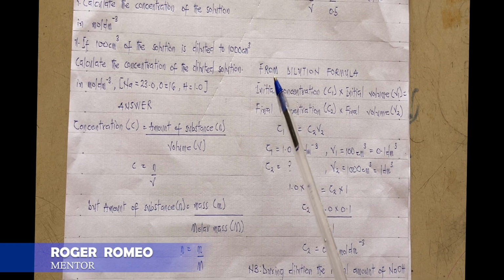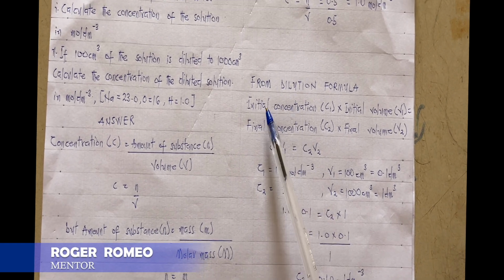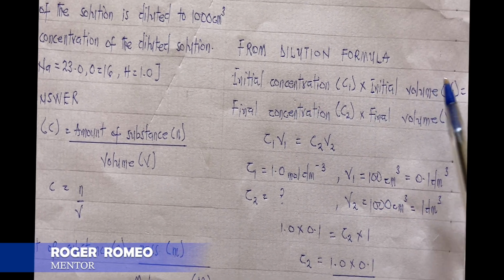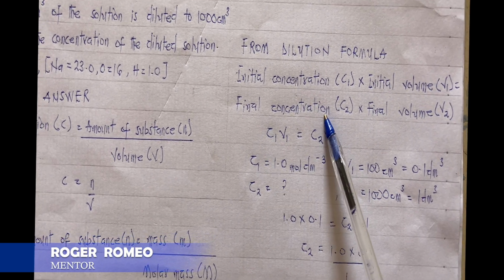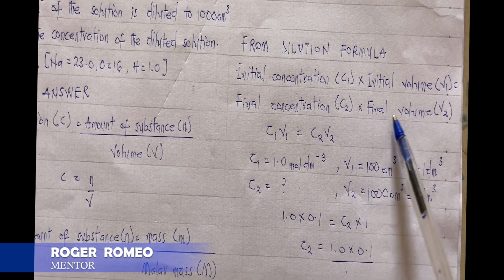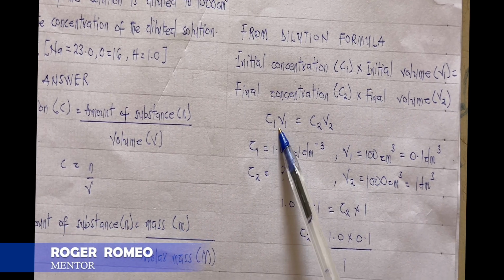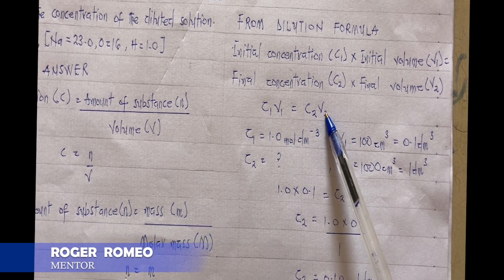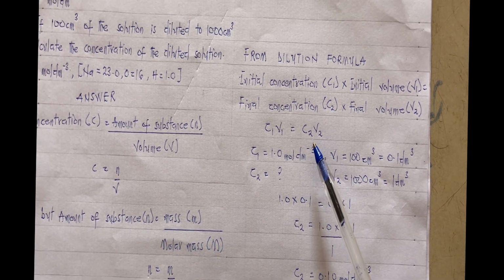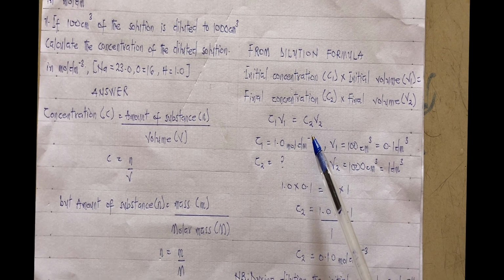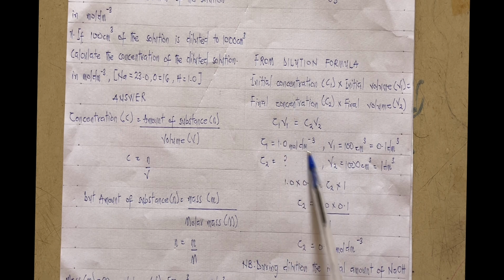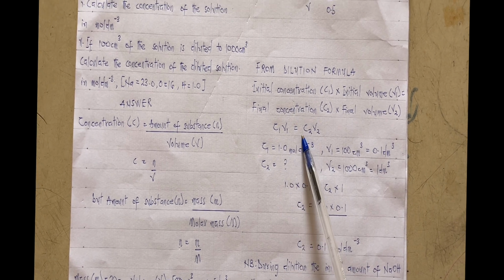We say that in dilution, the initial concentration times initial volume should be equal to final concentration times final volume. So we say C1 V1 equal to C2 V2. Now we need to know the initial concentration, initial volume, and final concentration so that we can see how we can use this formula to do our calculation.